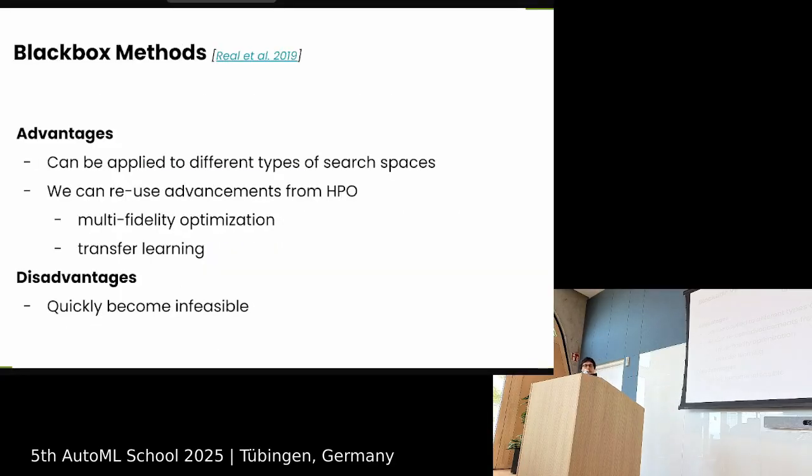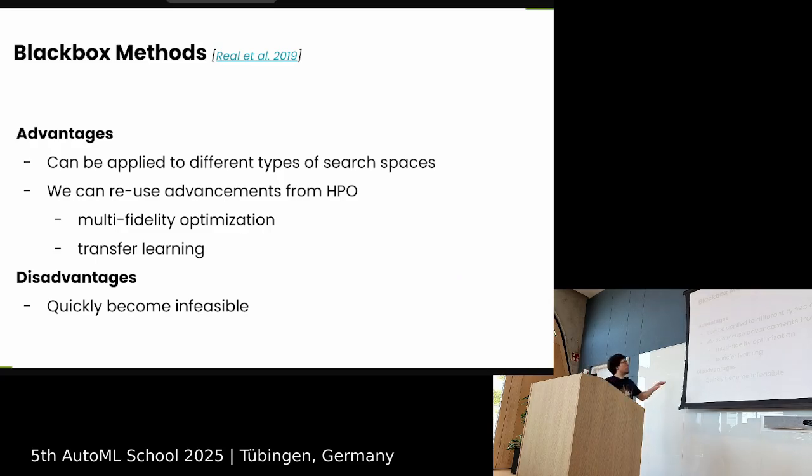Yeah, so some of the advantages of the black-box based methods, I already mentioned that, right? It can be applied to different types of search spaces. And as I just said, we can reuse advances from HPO. But the big problem is that it quickly becomes infeasible, right? Because you need to train each architecture from scratch. And even if you do something like multi-fidelity HPO, transfer learning, whatsoever, you still need to train a few architectures. And if you think of, for example, the transformer architectures now, or the kind of models that we train these days, even training a single architecture is extremely expensive.